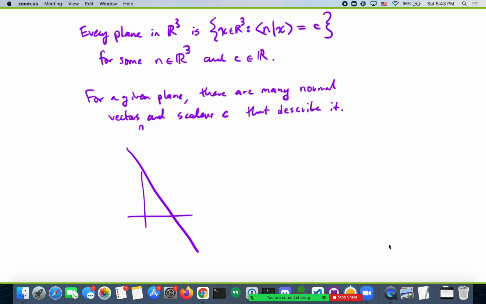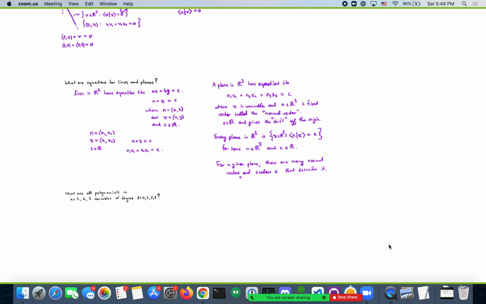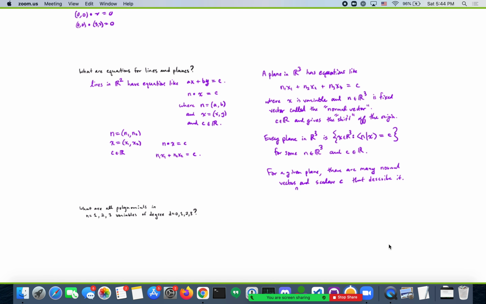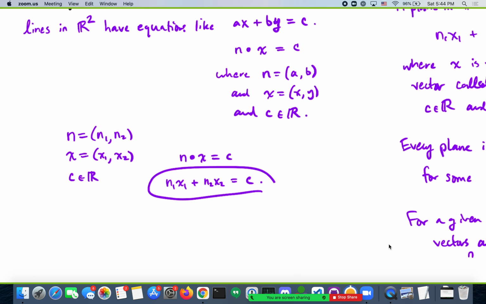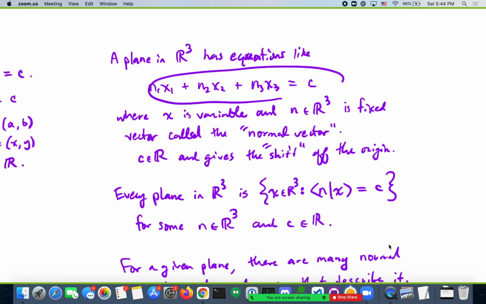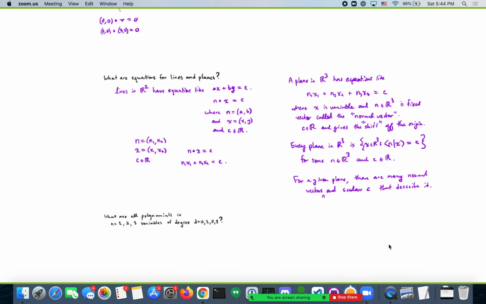In the next video, we'll discover how to find that c. But this is all I wanted to say for now. What are equations for lines and planes? They look like this, which can be written as a dot product. And they look like this, which can be written as a dot product. So that's all for now.